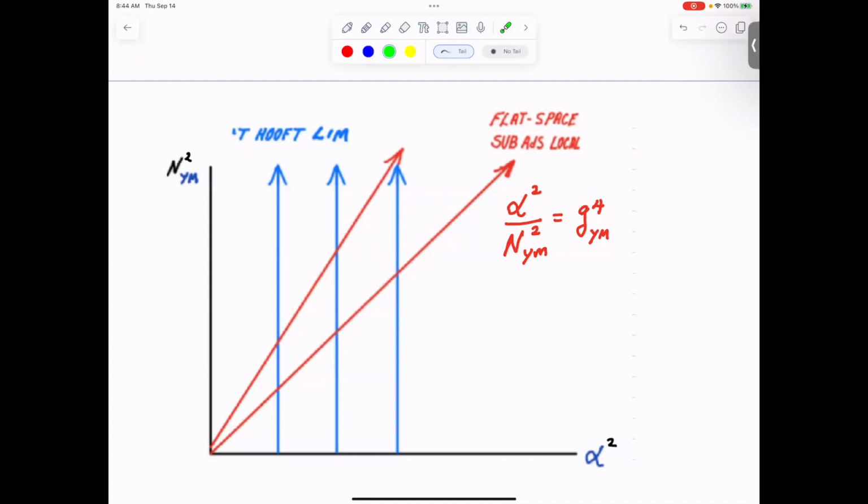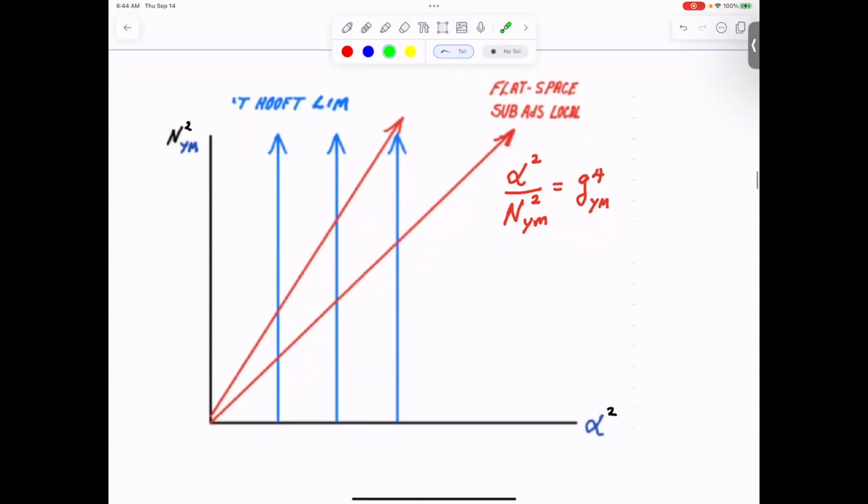It's the flat space limit which has sub-AdS locality. It's a much more difficult limit. We understand much less about it than the 't Hooft limit, but it corresponds to holding fixed alpha over N Yang-Mills, and that's moving out in these directions here.